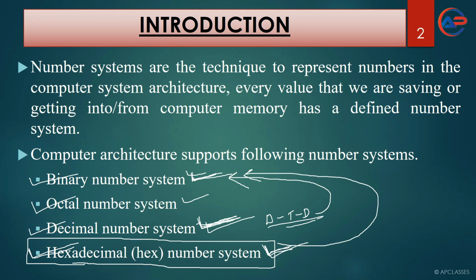Now just tell me, if you have a program or an instruction from the 1970s or 1980s which was written using the octal number system, then how is my computer going to understand this? Because today's computer can understand the binary number system only, so how is it possible that the computer can process data which is written in the octal number system?